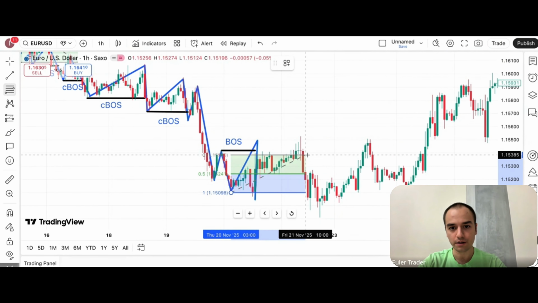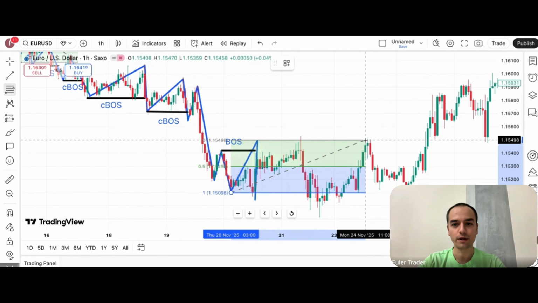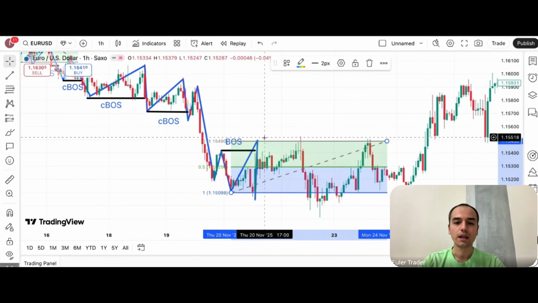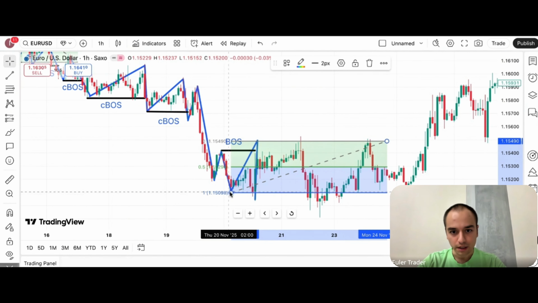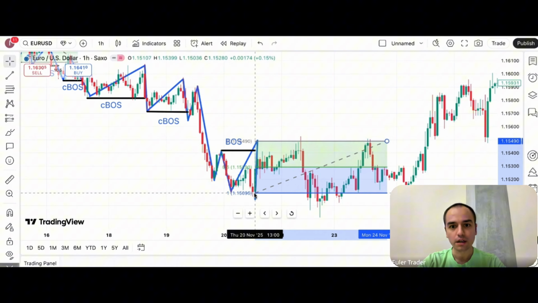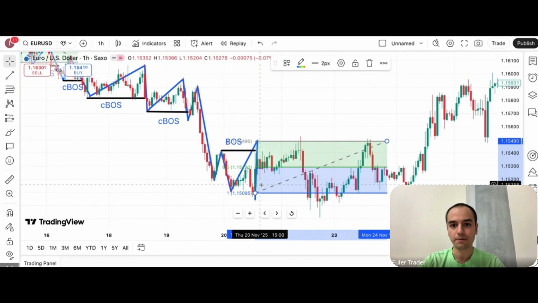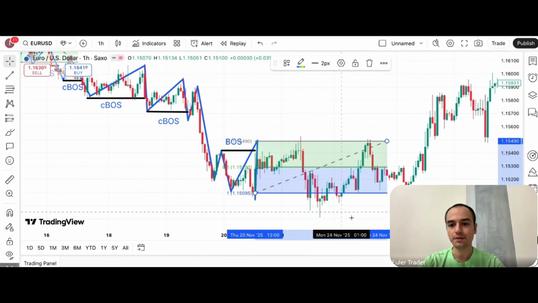So we are at this point here, and we are trying to find our optimal entry. So, well, I'm technically in here. So I'm with my break of structure. So I'm seeing, for example, here some movements. Technically, I can enter from here. We can see this is basically some sort of a test of the area of our interest.